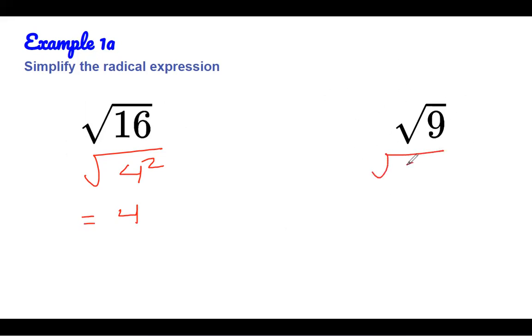Square root of 3 squared, which is beautiful 3. Now, identifying the perfect square that goes into it, guys, is also a way to identify how to simplify it. And also take in consideration that we're going to have the positive and negative solutions of it, because we have a beautiful radical.